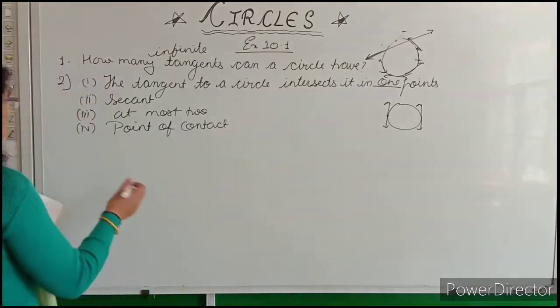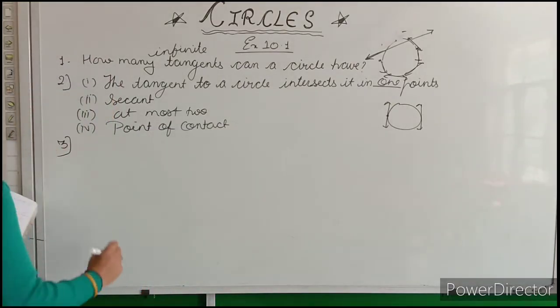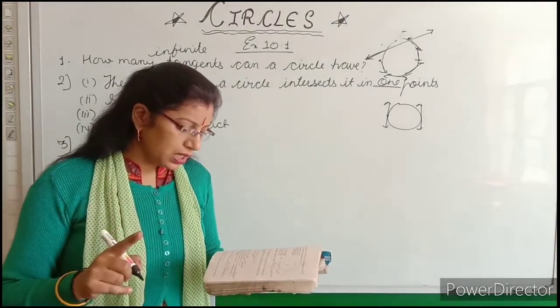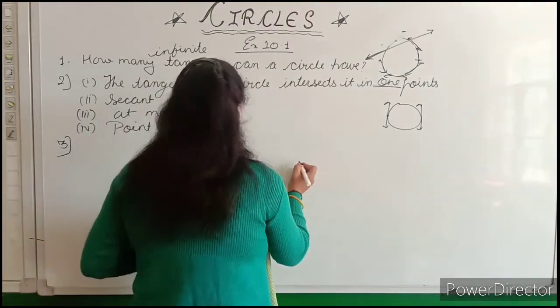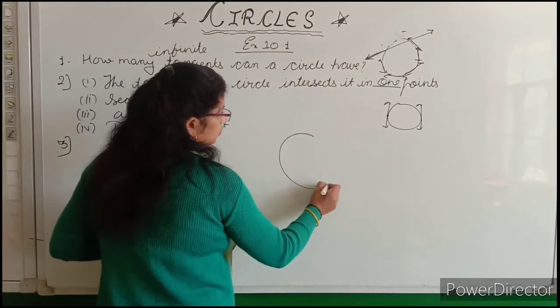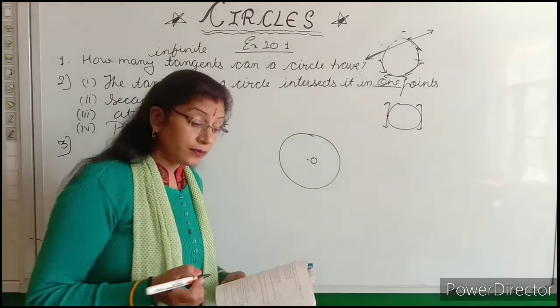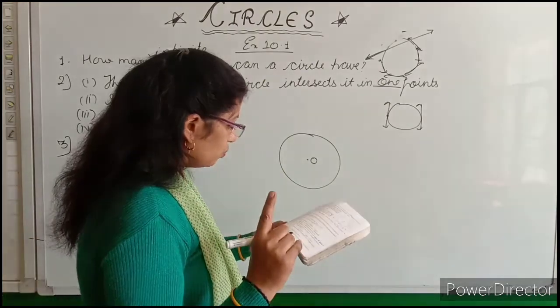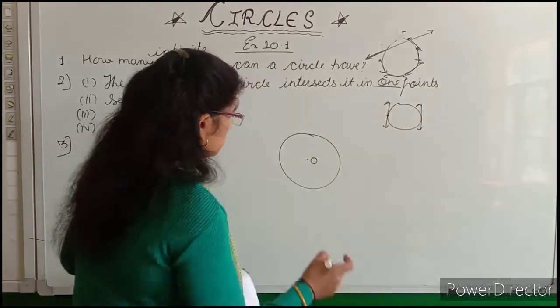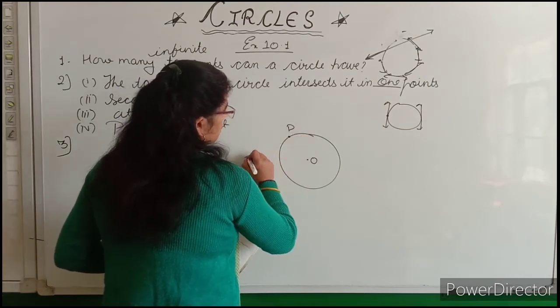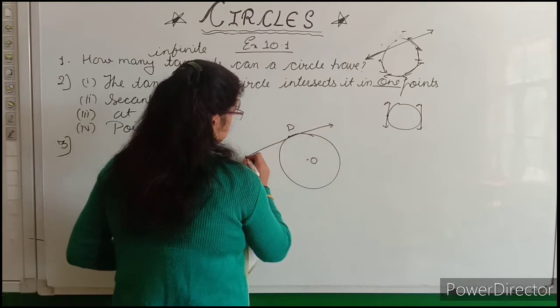Now question number 3 is: a tangent PQ at point P of a circle. Let us draw one circle. Okay, this is a circle with center O. The tangent PQ at point P of a circle, at some point P there is a tangent. So let me draw a tangent.